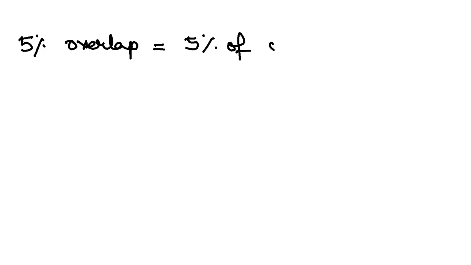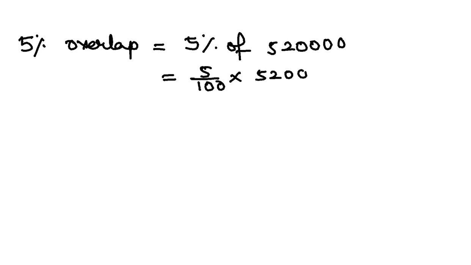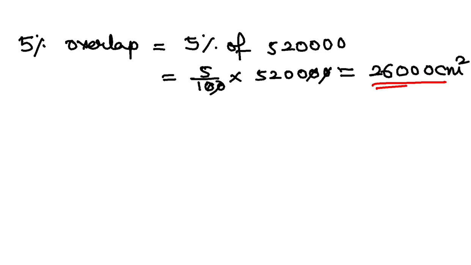So let's calculate the extra over here. 5% overlap or extra, obviously I have to take 5% of the total, that is 520000. So this will give us 5 by 100 into 520000, that will give us 26000 centimeter square. This is extra.